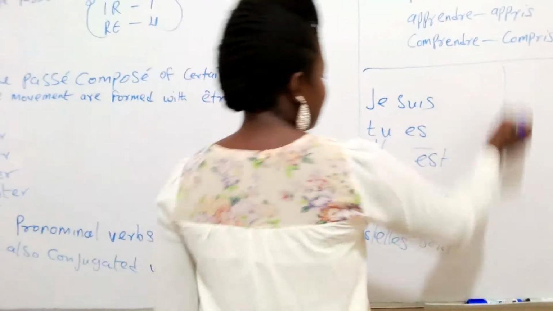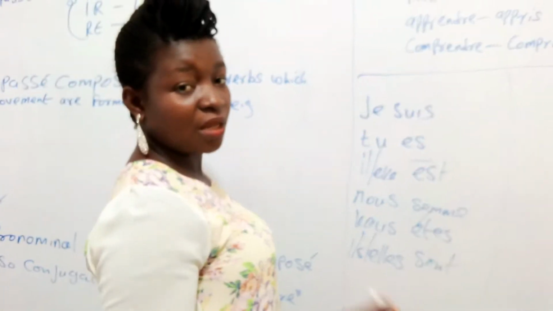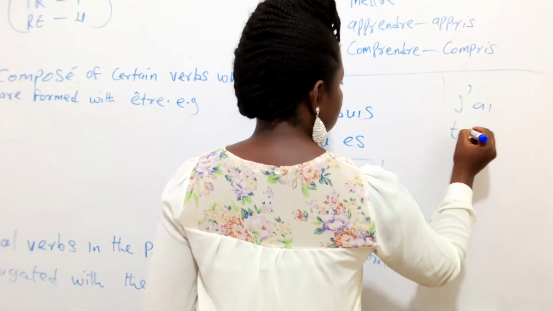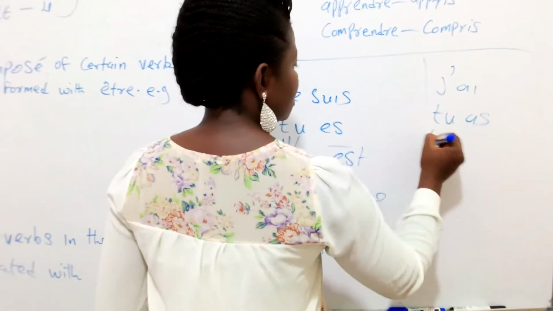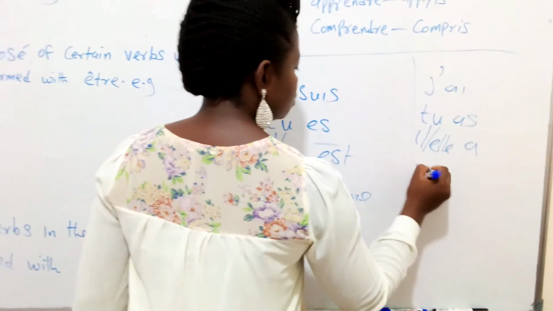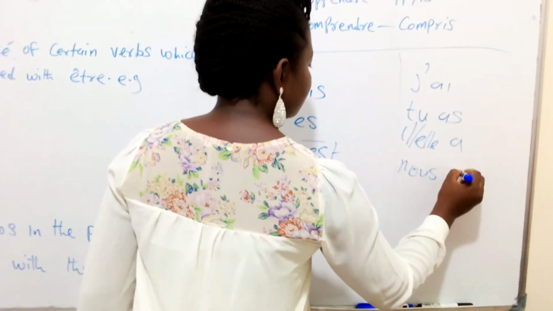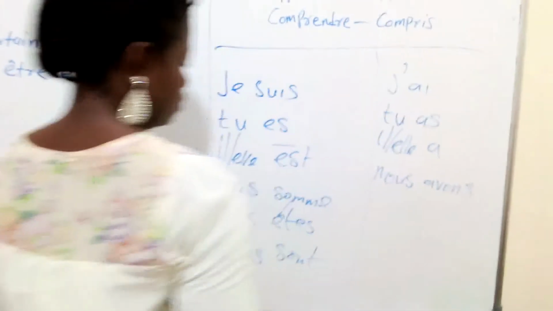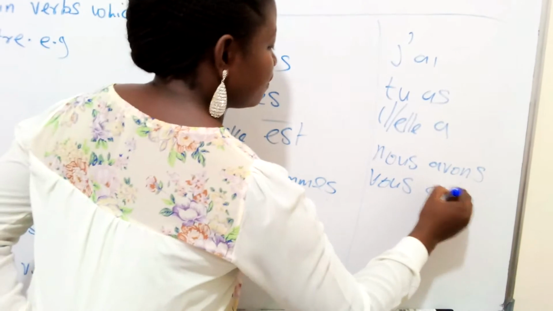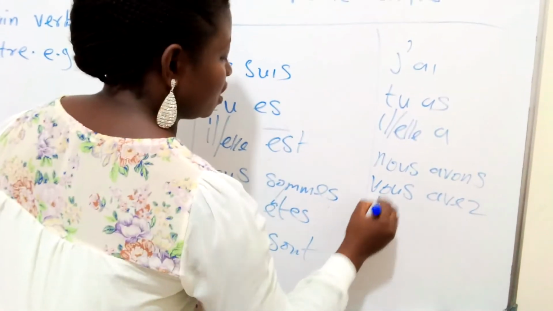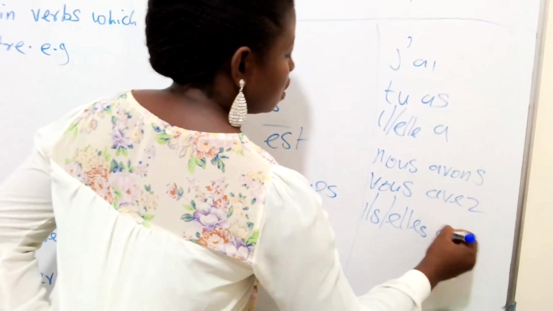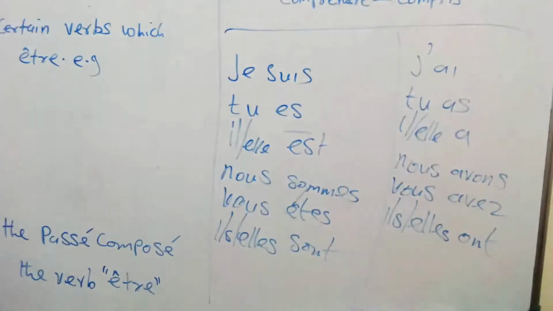You also have avoir, which you are going to conjugate in the present tense. J'ai, tu as, il ou elle a, nous avons, vous avez, ils ou elles ont.